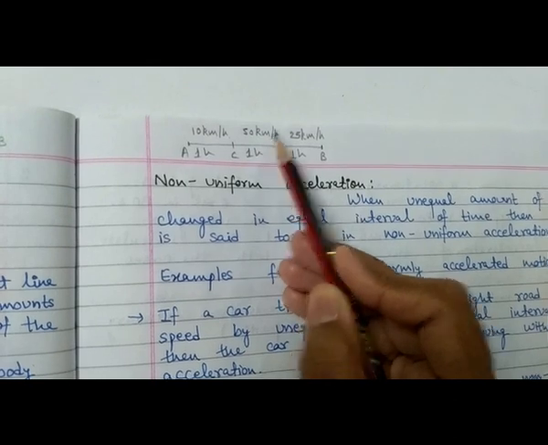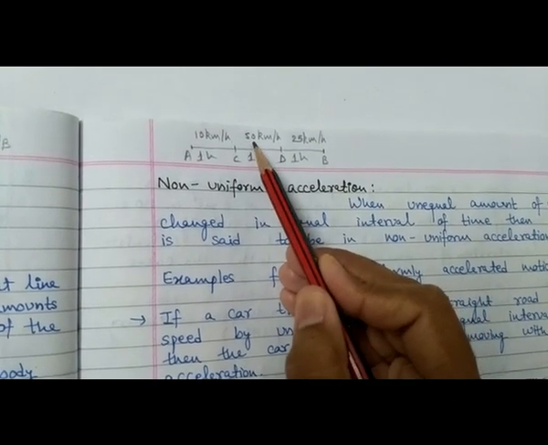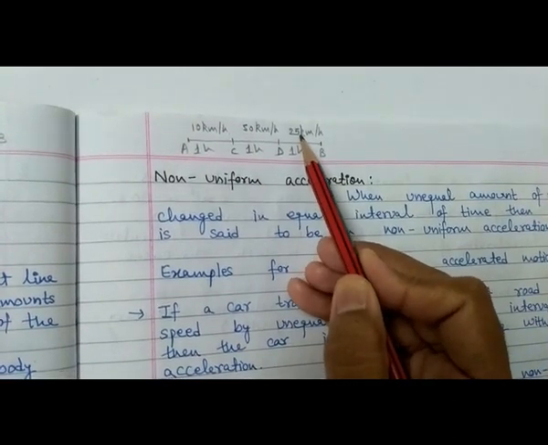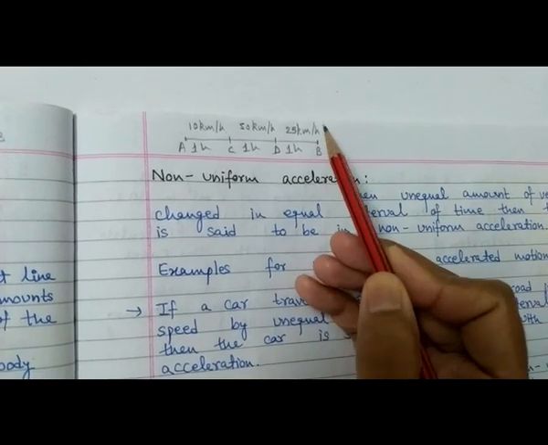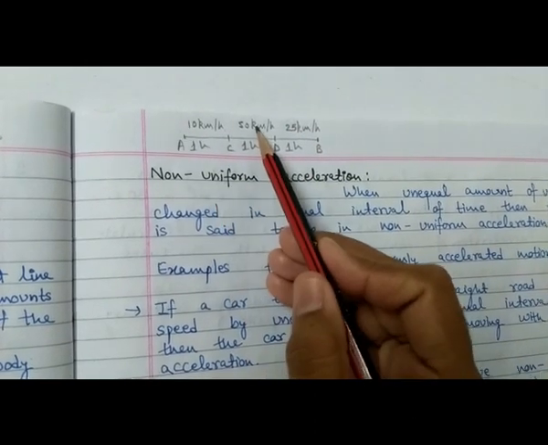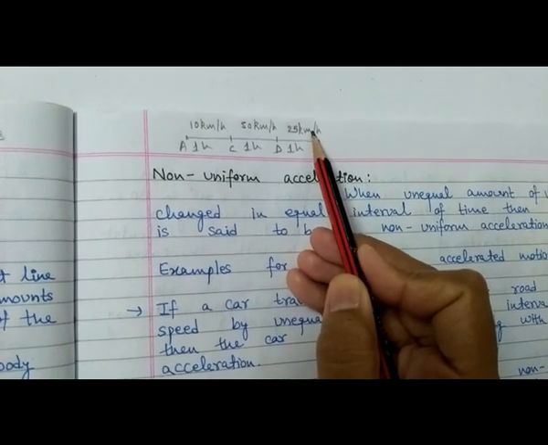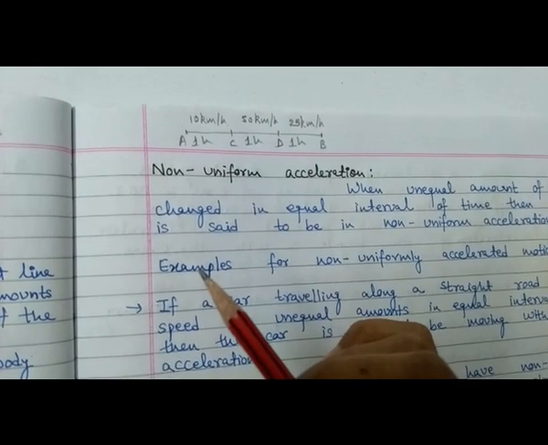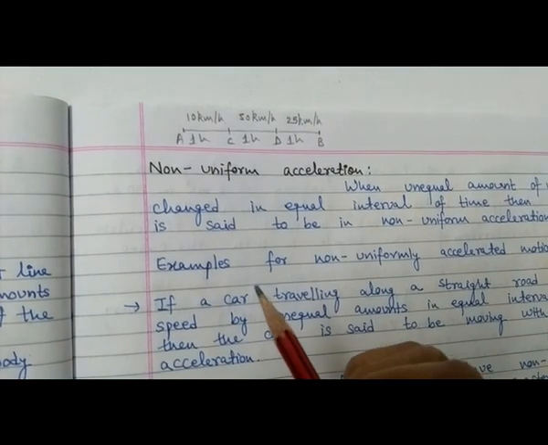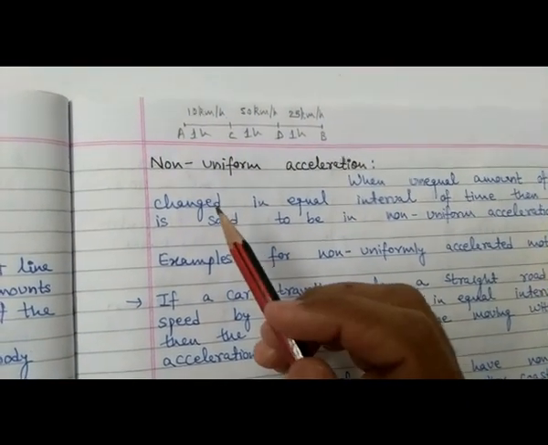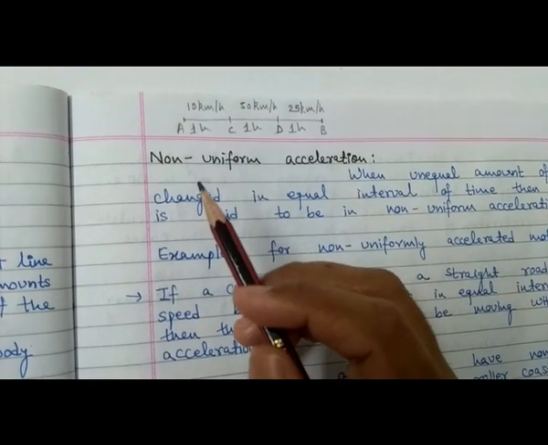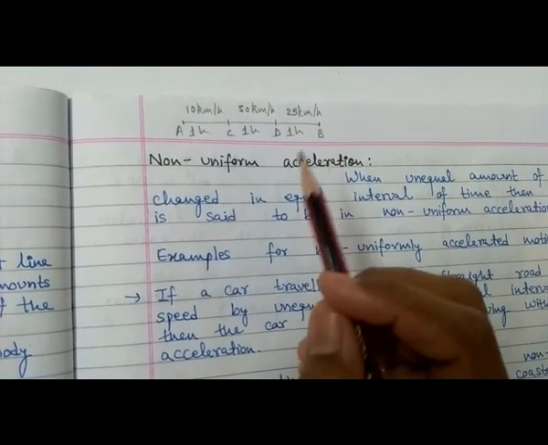Then after that, the car has reduced its velocity to 25 kilometer per hour. So there is an increase of velocity, then a reduction in the velocity. There is no equal amount of change in the velocity. Okay, so it will be considered as non-uniform acceleration.